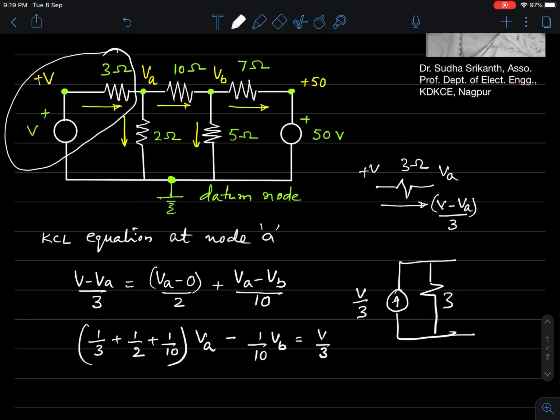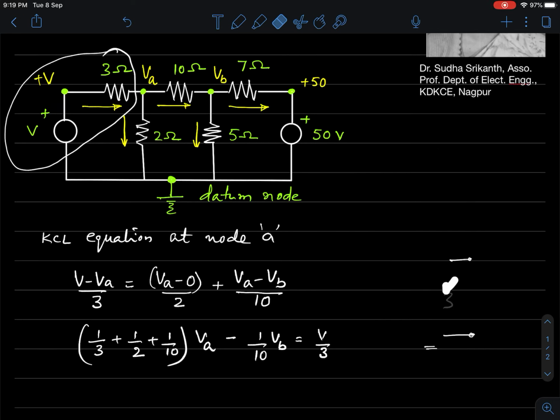This is how the conversion of voltage source to current source happens. Now you will end up getting the same equation. Even if you convert this voltage source to a current source of this nature, you will end up arriving at the same equation. So either way it is the same equation. The methods may be different, but the result is the same.